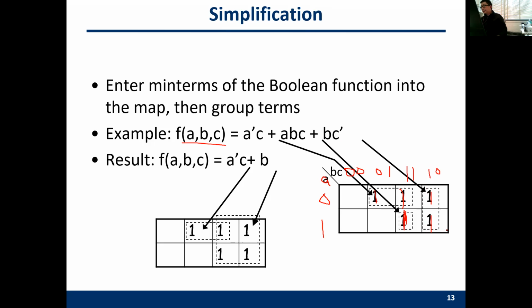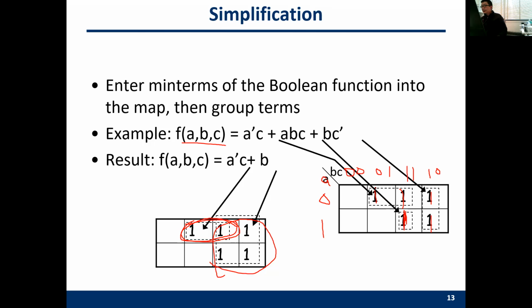And then I need to group them together. The easiest way is something like this. You group these 4 together, and then these 2. Because overlap is allowed, you can do this. And yeah, that's all.